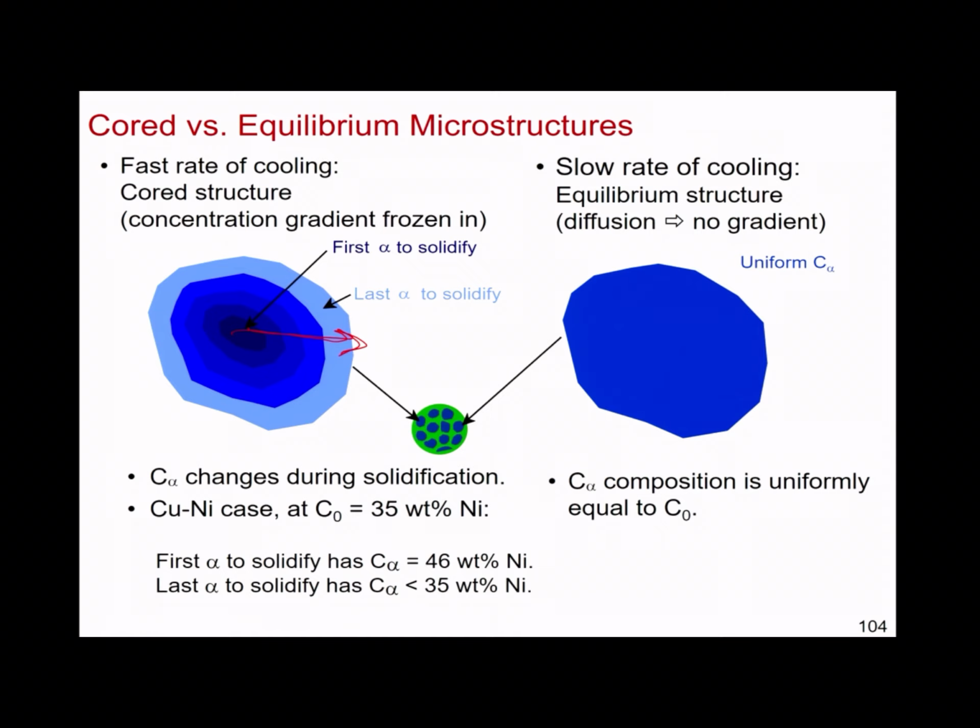Over time you'll see if you change your cooling rates to the point where you don't see a change in the property, then you know there's probably not a change in the concentration gradient. And so your material will fail or not fail accordingly.